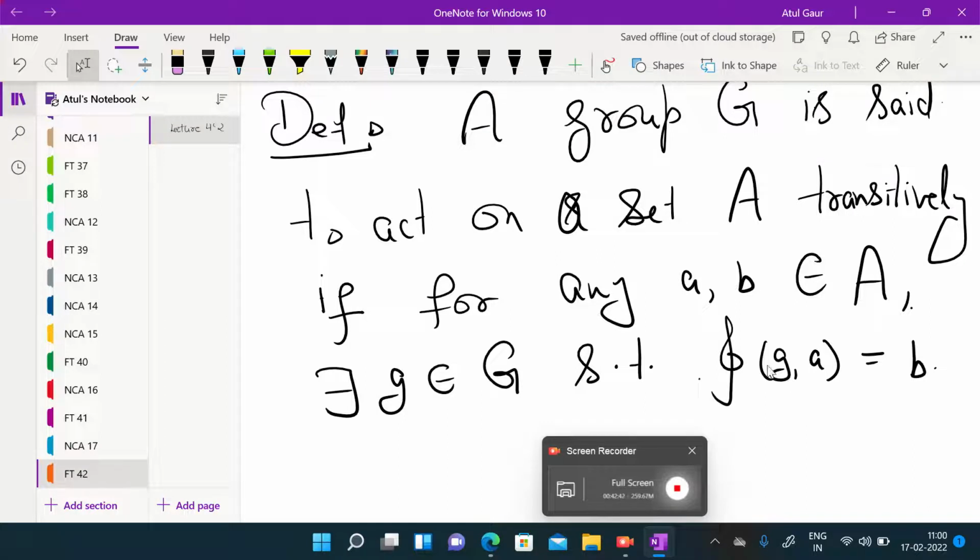If this property holds for any a, b in the set A, then the group action is said to be transitive. Is that fine?